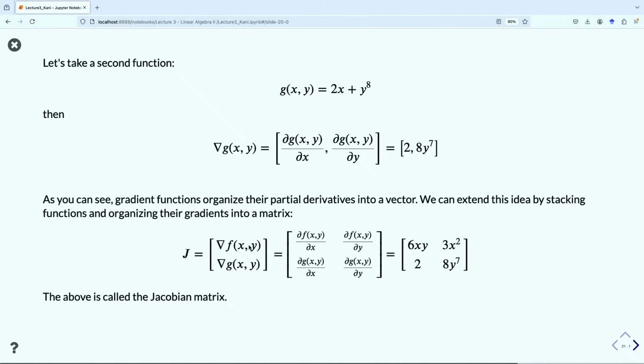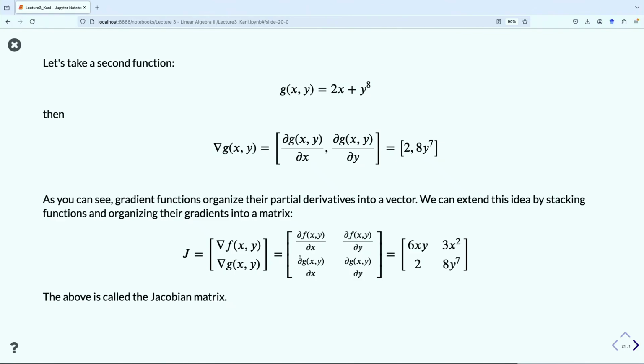It is a matrix where we're taking the derivative of every function and expanding it out. The row represents the numerator of the derivative, the function we're differentiating. So row 0 represents the derivative of f, and row 1 represents the derivative of g.